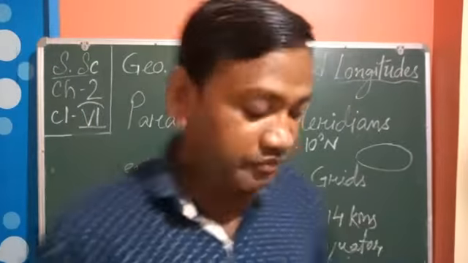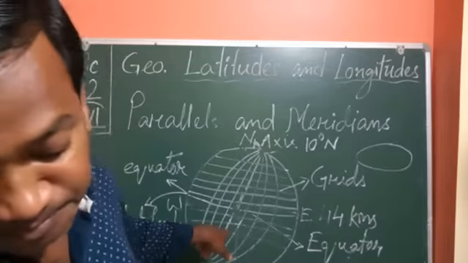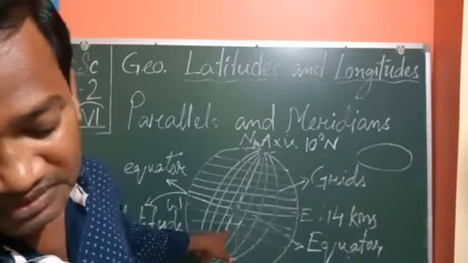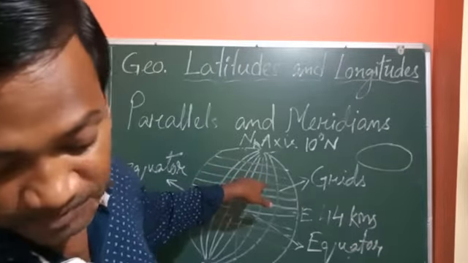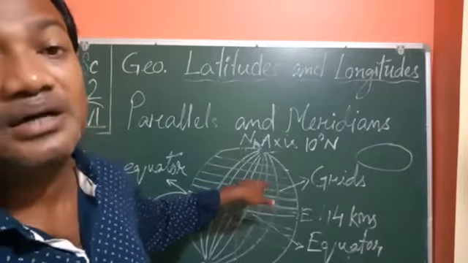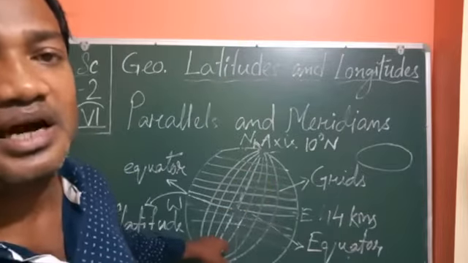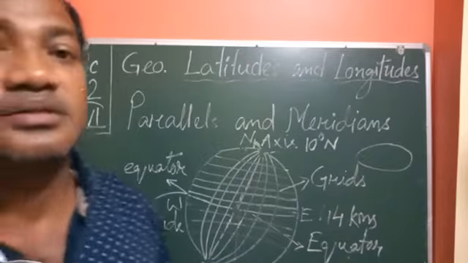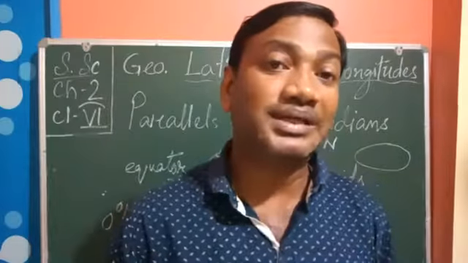Then if we go 23.5 in the southern hemisphere, it is called the Tropic of Capricorn. Then if we go 66.5, another line we find is called the Arctic Circle. And again if we go 66.5 degrees south in the southern hemisphere, it is called the Antarctic Circle. So we find here 4 important lines on the globe.